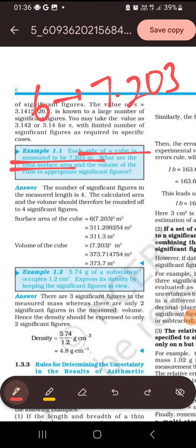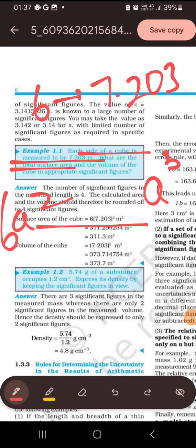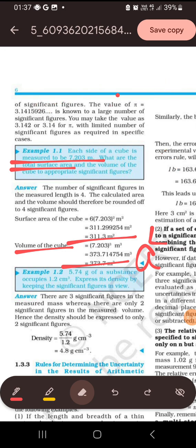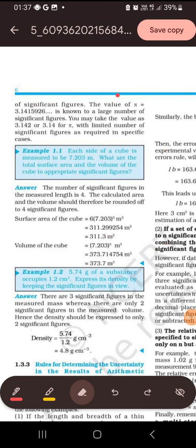The formula for a cube's surface area is 6a square, and volume is a cube. When we apply this formula 6a square, you'll get the answer. The unit of area is meter square, and for the volume of the cube, a cube, we can employ this formula. This is the simplest form, and these are the basic questions they ask in NEET every year.